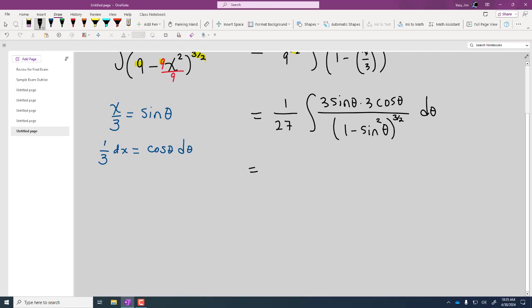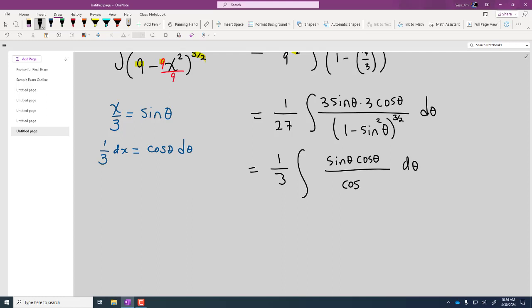So this is going to be 1 over, let's see, we can do some simplification here, right? This is going to be 9, so it's going to be 1/3. And then we have sine times cosine up top. And then down below, 1 minus sine squared is cosine squared, raised to the 3/2.